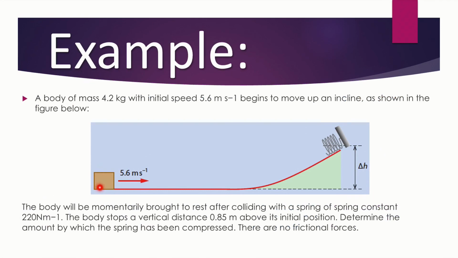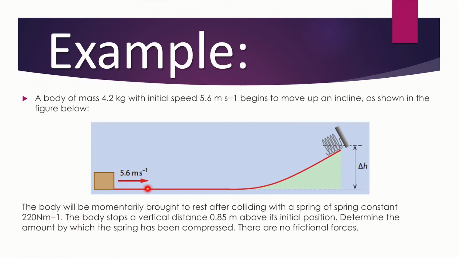So look, here we have the mass and it starts moving with a certain velocity, and then the object is going to move up over the incline, but at the end of the incline we have a spring. So the problem says the body will be momentarily brought to rest after colliding with a spring of spring constant 220 Newton per meter.